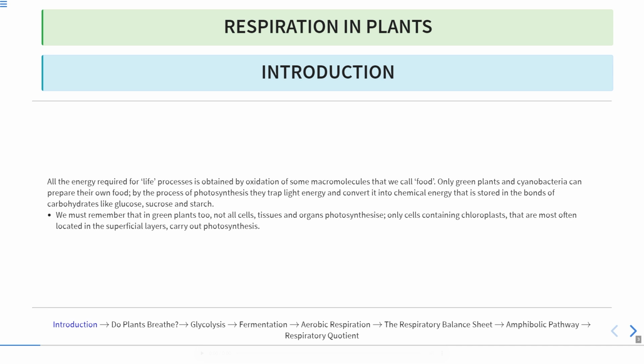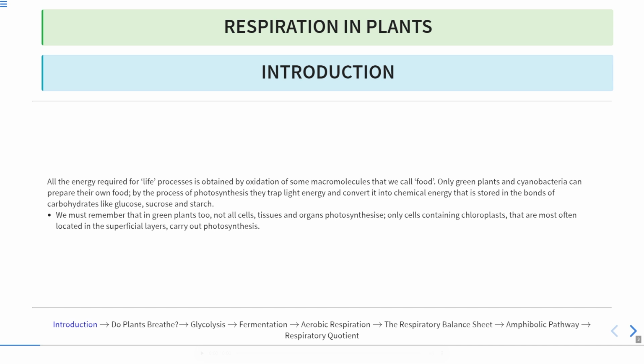Only those cells of the plants that have chloroplast in them can do the process of photosynthesis, and they are mostly located in the superficial layers.